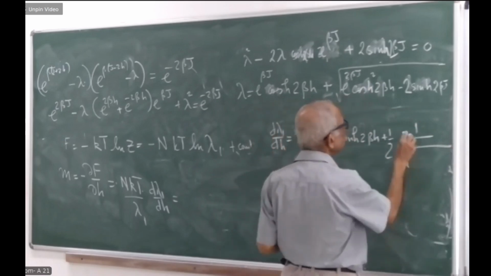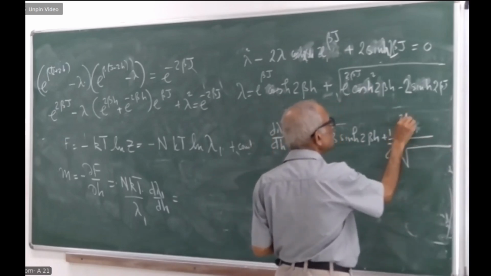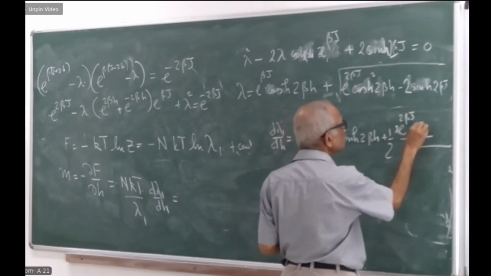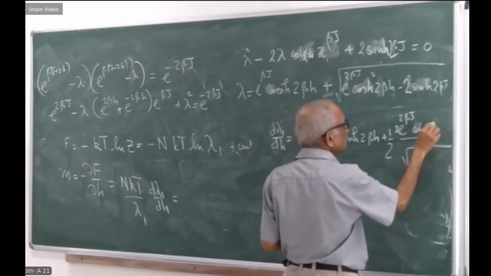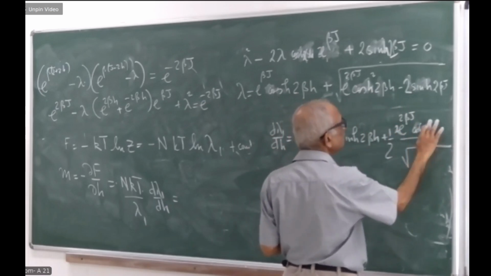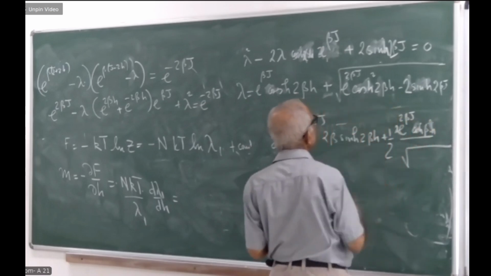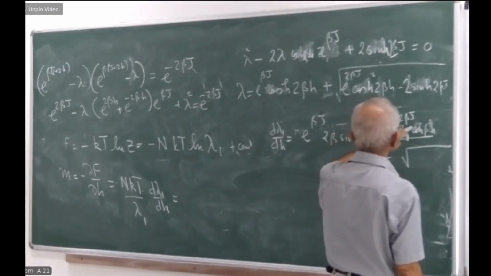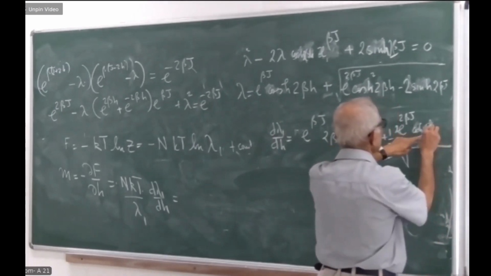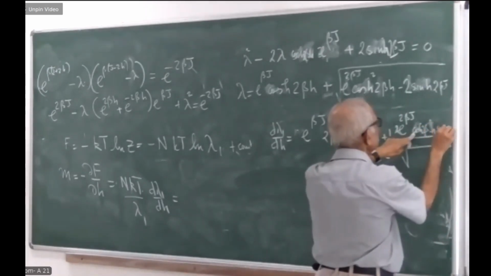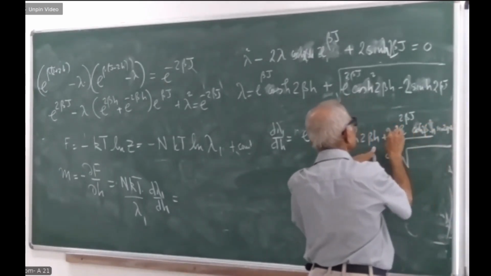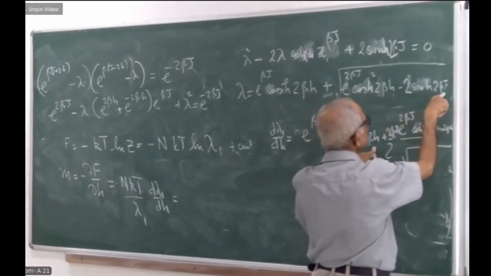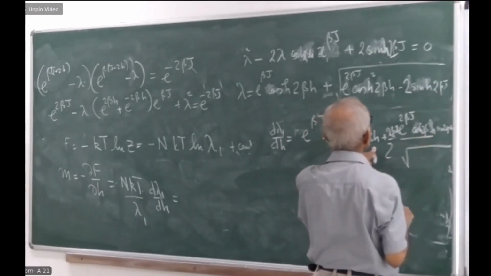Then on the top, it is e to the power 2 beta j, and then it is 2 times cos hyperbolic 2 beta h, sine hyperbolic 2 beta h, and another 2 beta coming from this, and then it is no derivative coming from here, right?